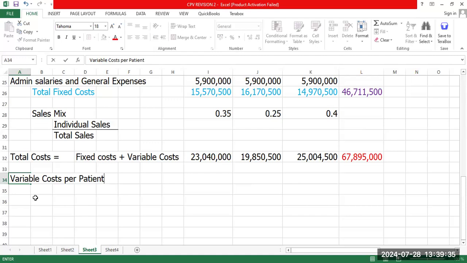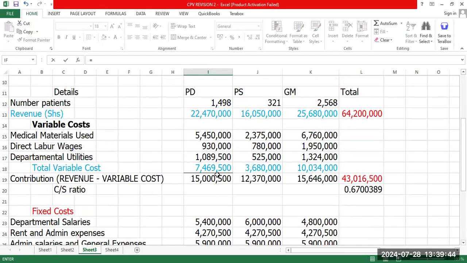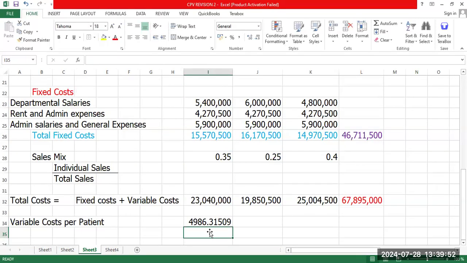If I know the variable cost per patient, I get total variable costs and divide by number of patients. Then I put this in a whole number.